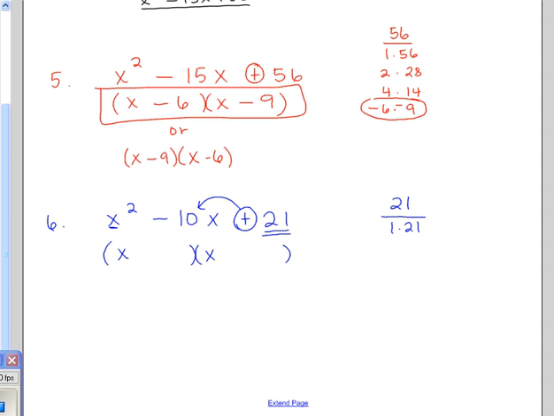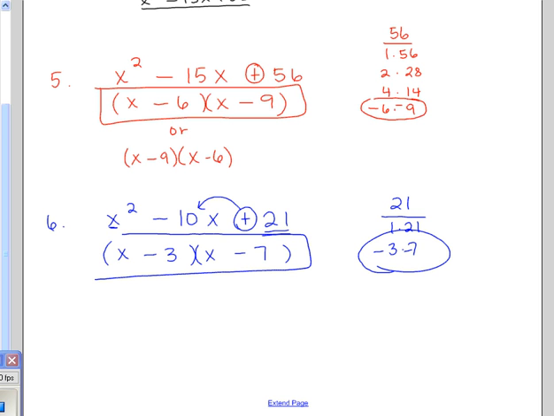So 1 times 21 or 3 times 7. Which pair will add up to be negative 10? That would be 3 and 7 if they are both negative. So x minus 3, x minus 7 would be my solution.